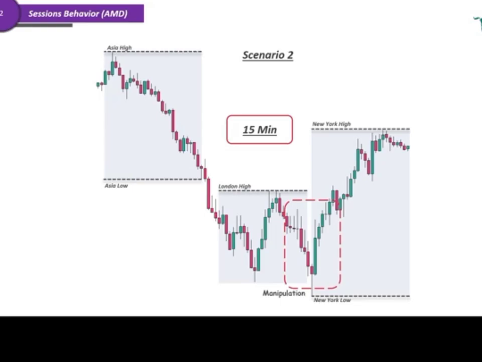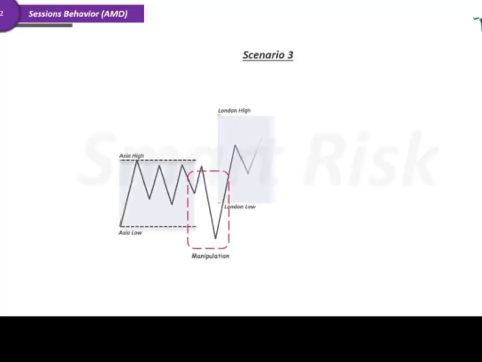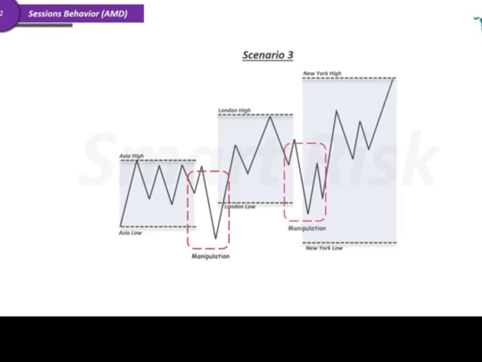But keep in mind, none of these scenarios are absolute. Price is never fully predictable, and the market can always create new behaviors. For example, if price consolidates during Asia and the London session manipulates by sweeping Asia's low before continuing higher, then you can expect New York to come back, take out the lowest point of the London session, and then distribute to the upside.